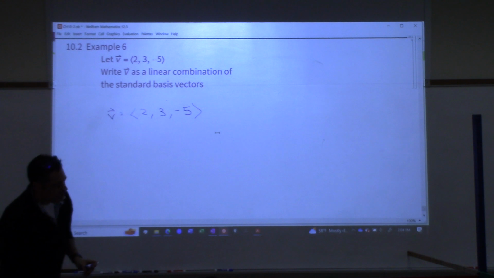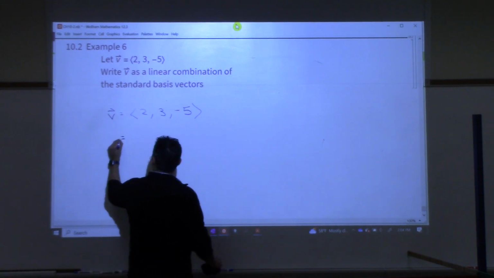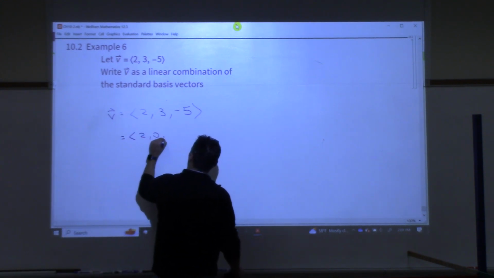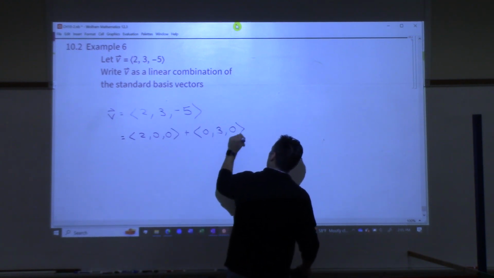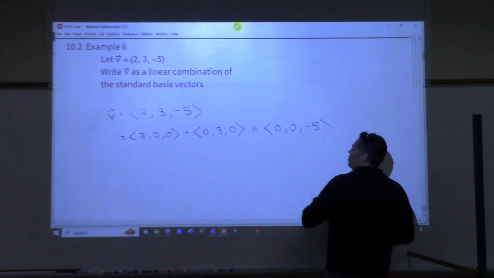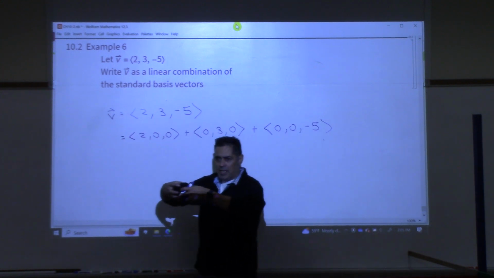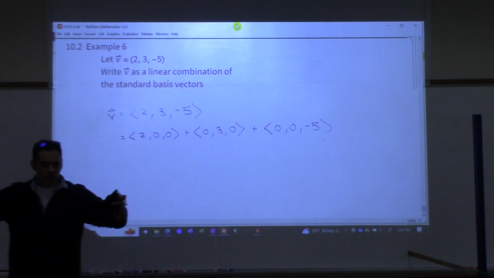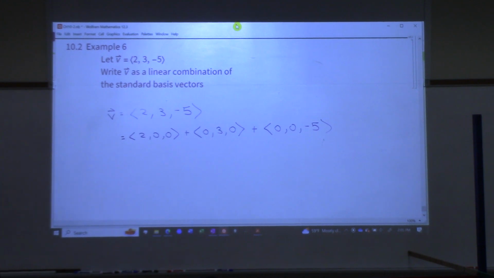There's my vector v. First thing I'm going to do is act like that's three vectors being added together. So it's the vector 2, 0, 0, plus the vector 0, 3, 0, plus the vector 0, 0, -5. Knowing what you know about vector addition, do y'all see that you can deconstruct that or rip it apart into those three vectors being added together?